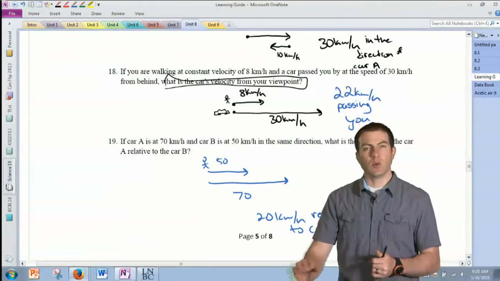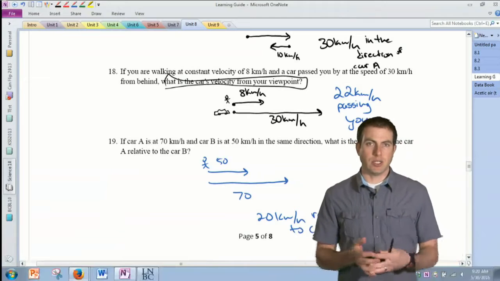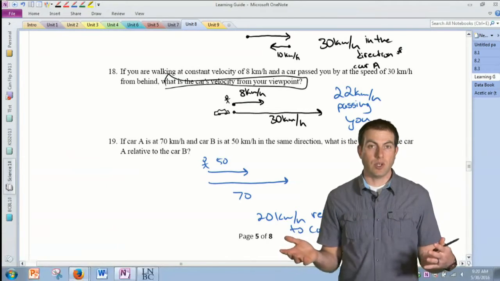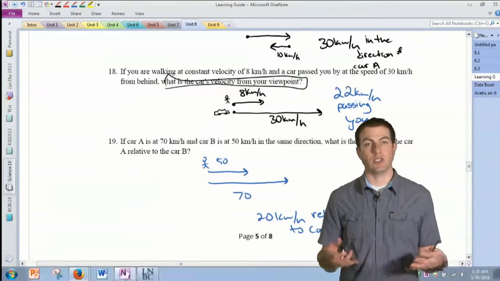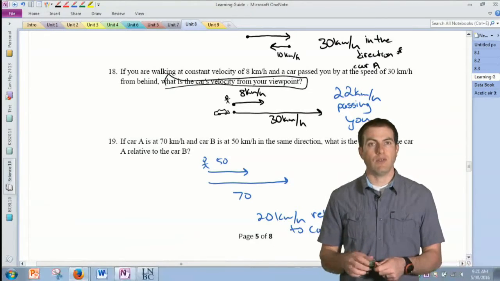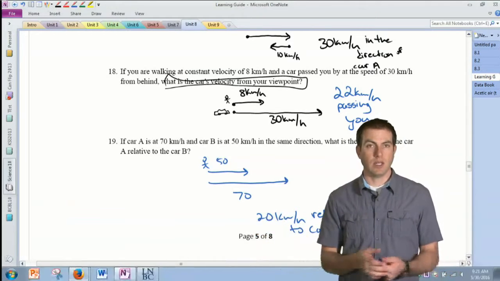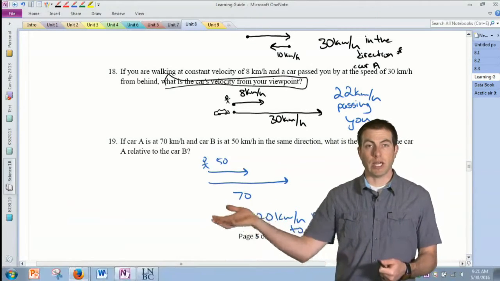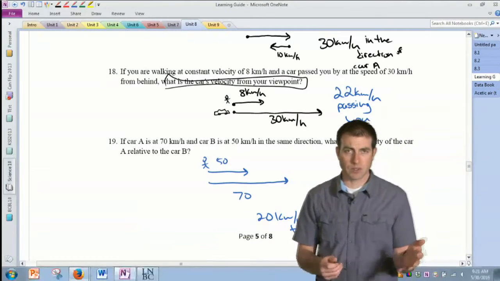With questions like this one, number 18 here, there's no real mention of direction and everything's just positive, so that's fine. If the question doesn't give you any direction, you can't give a direction. If all of the numbers you're given are positive, then your answer's positive, which means that your answer is in the same direction as the initial parts of the question.